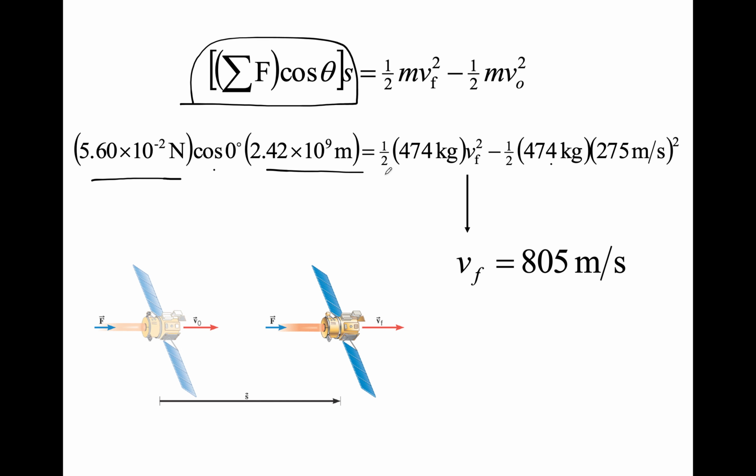We know the mass, so we can write down 1/2 mass times vf squared as the final kinetic energy. So this is the Work-Energy Theorem: total work done by the force equals final kinetic energy minus initial kinetic energy. Everything is known except the final velocity, so we can solve for it. It gives us roughly 805 meters per second.